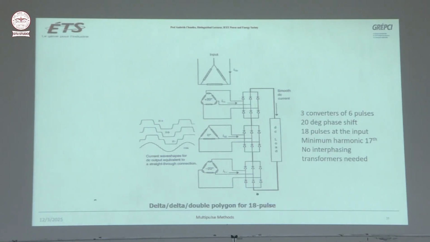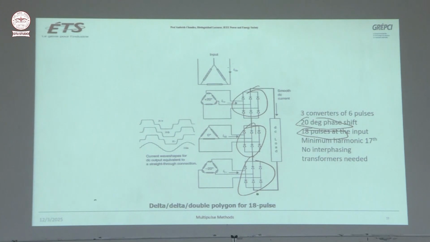So you see here we have 3 converters connected in series, 3 6-pulse converters. 3 6-pulse converters means how much phase shift? 60 divided by 3, so 20-degree phase shift between the 3. And you have 3, so 18 pulses will be generated.